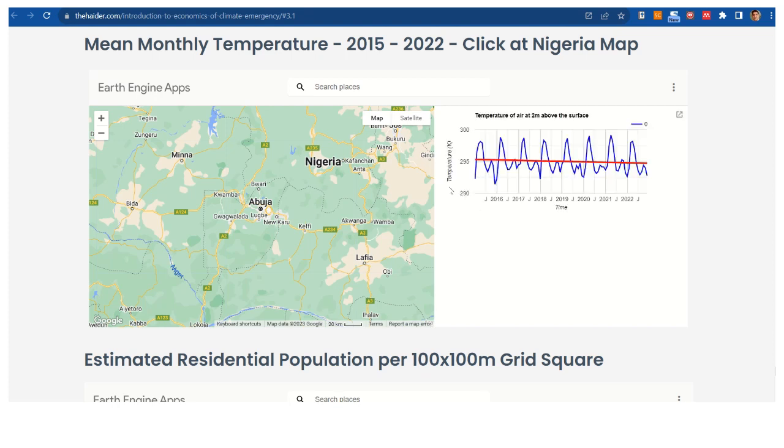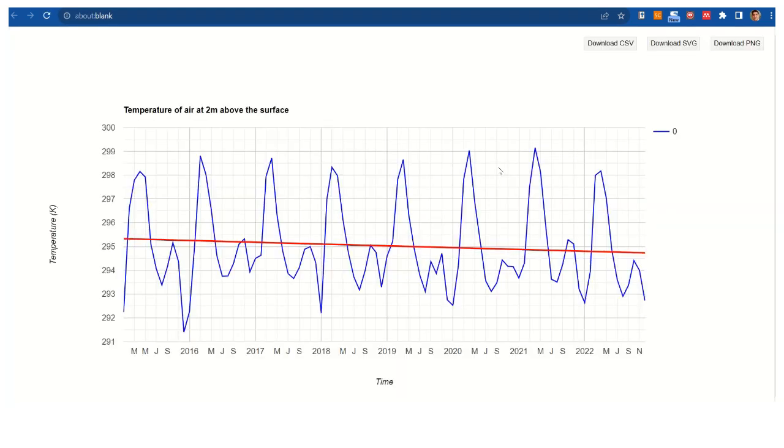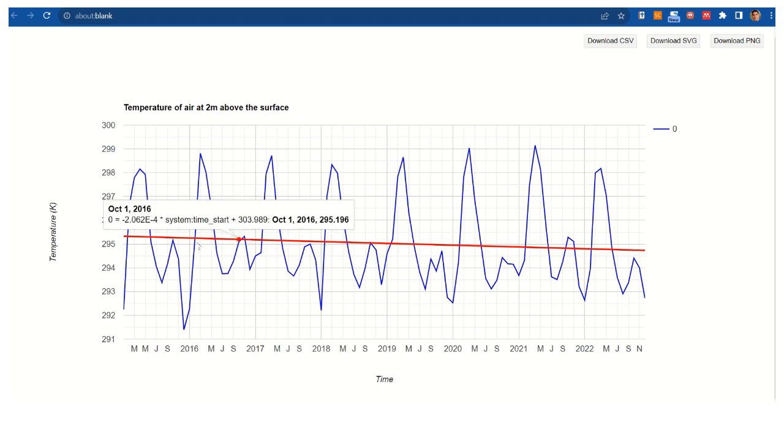You wait for a moment. So the temperature from 2016 to 2022 is given in Kelvin here. Before you use it, you should know what data you are using.